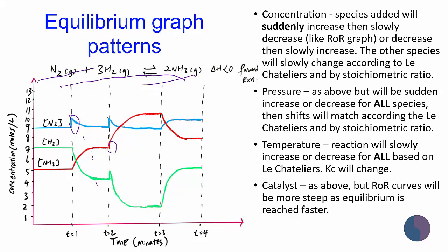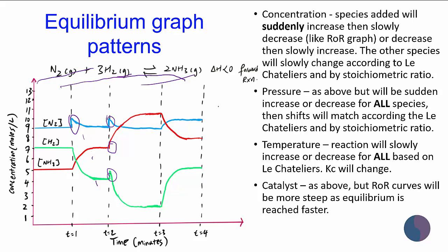Now, if everything goes up or everything goes down, especially if it's a gas, that indicates a sudden decrease or increase in volume of the container. That's a pressure change, and so the concentrations are all instantaneously changed as well.